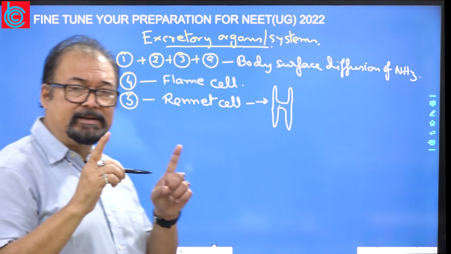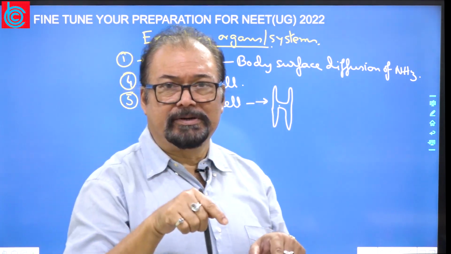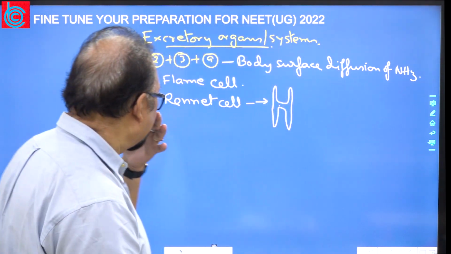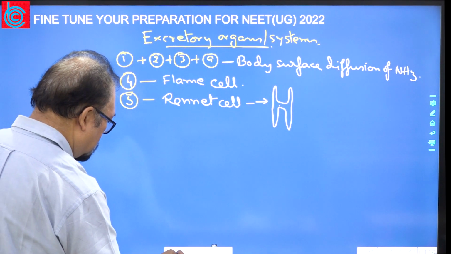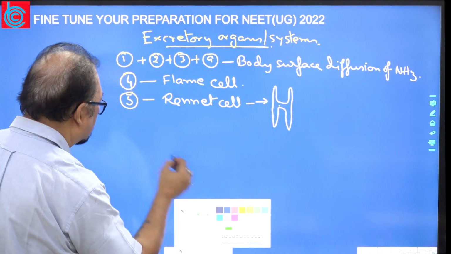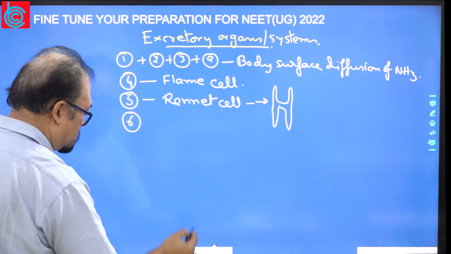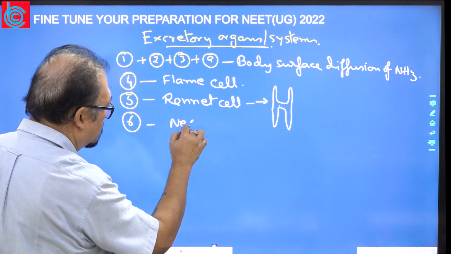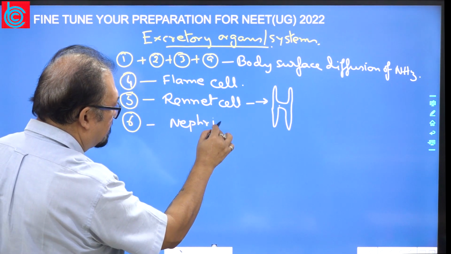A single cell is there, an H-shaped structure throughout the length of the body, that is a renette cell. Annelida: nephridia.